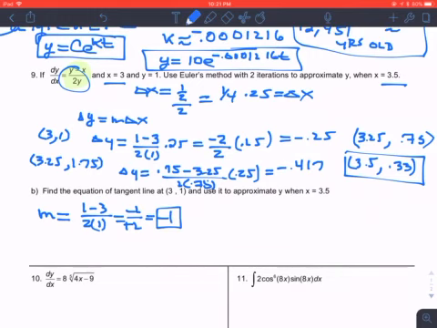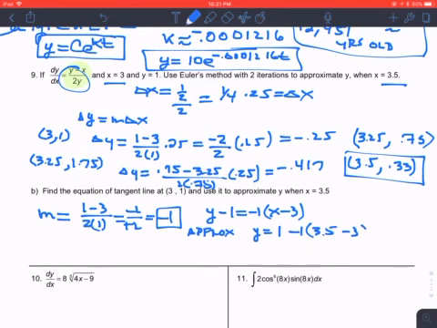Okay, so what's my equation? It's y minus 1 is equal to negative 1 times (x minus 3). Okay. So now I'm going to use that to approximate, and I'm going to plug in 3.5 there. So y is equal to 1 minus 1 times (3.5 minus 3).